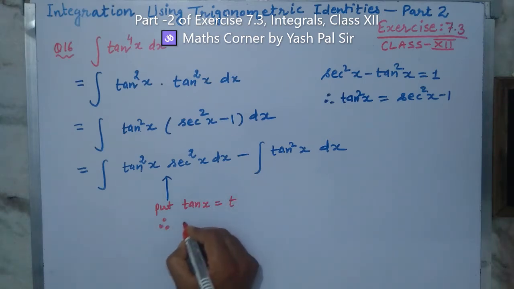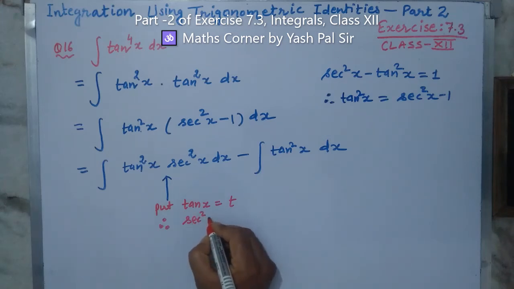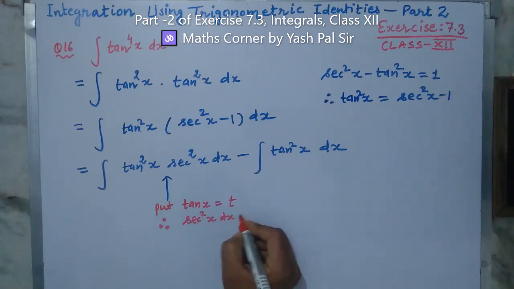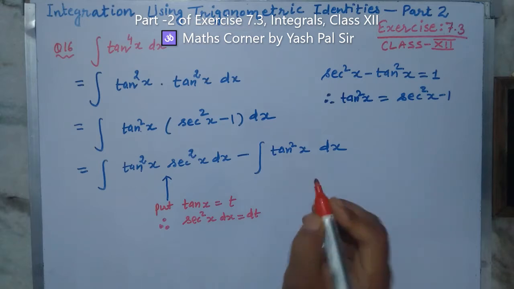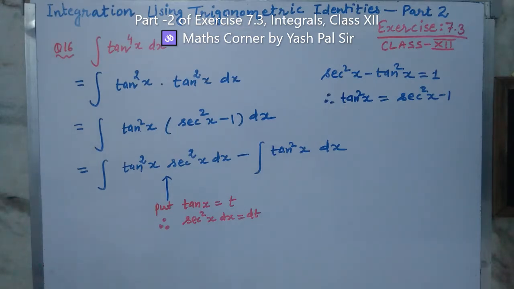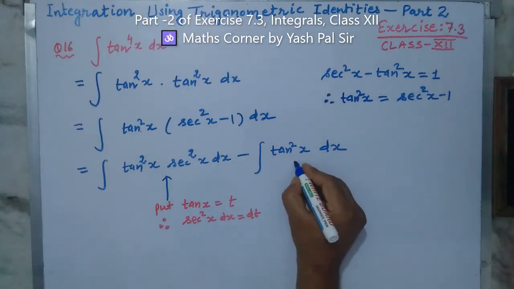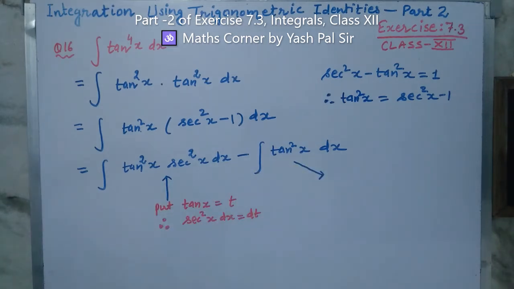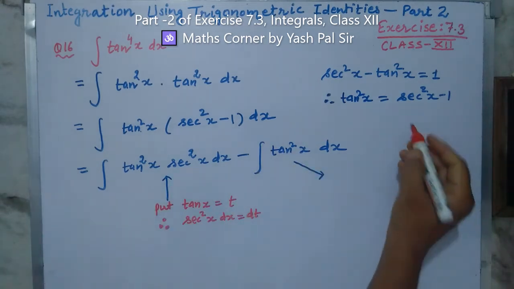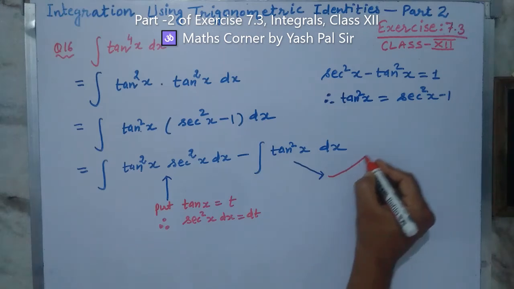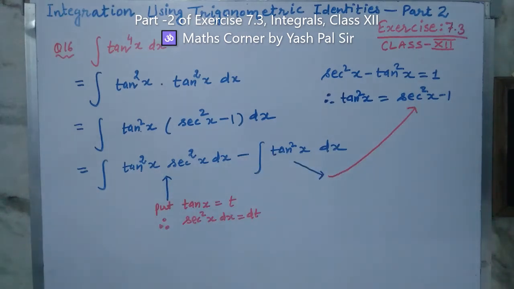So derivative is secant square of x dx is equal to dt. But in second integrand what we do, we put this value once again secant square x minus 1.